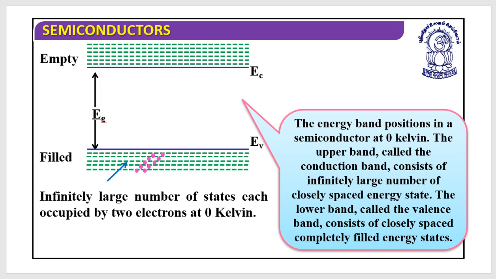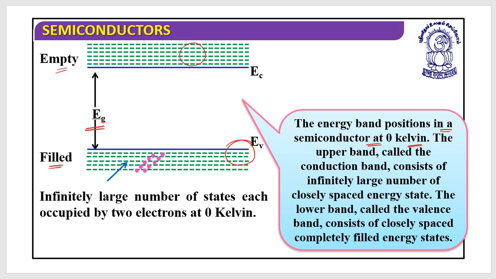Let's view this diagrammatically. This is my valence band, this is my conduction band, and the difference of levels between these two is the forbidden energy gap. This is the diagram for the energy band position in a semiconductor at 0 Kelvin.